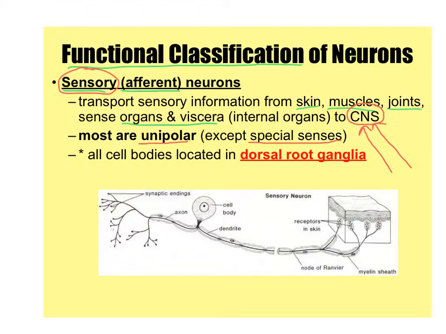I don't know if you're going to know this in this unit. The cell bodies, remember cell bodies which are located outside of the brain and spinal cord or outside the CNS, those are called ganglia. Well, all these sensory neurons, they enter the spinal cord in what's called the dorsal root ganglia. Now hopefully you remember, dorsal means towards the back.